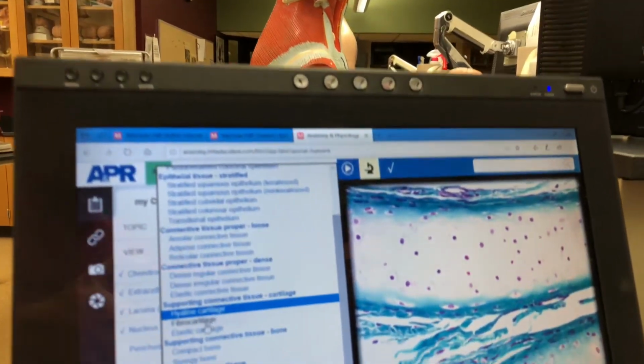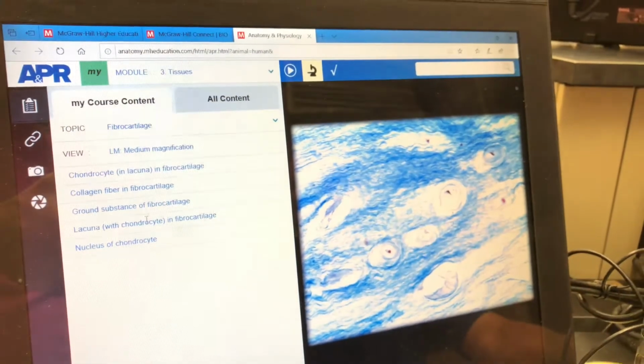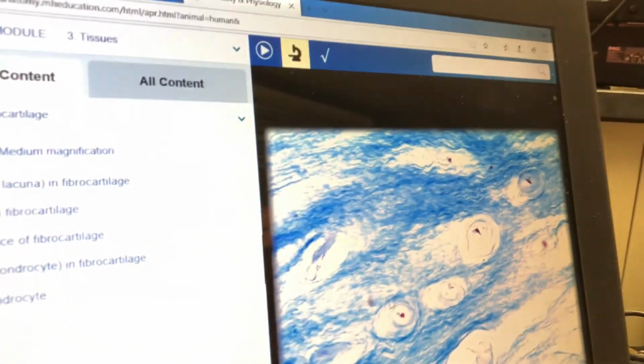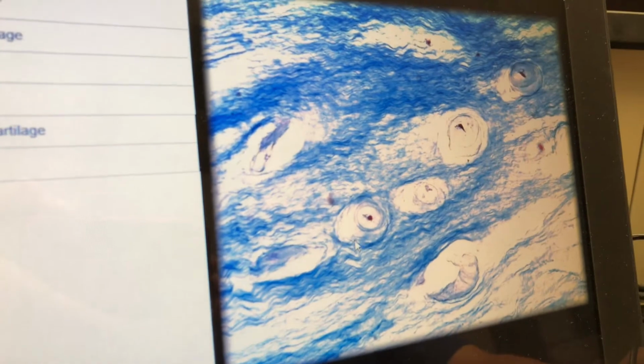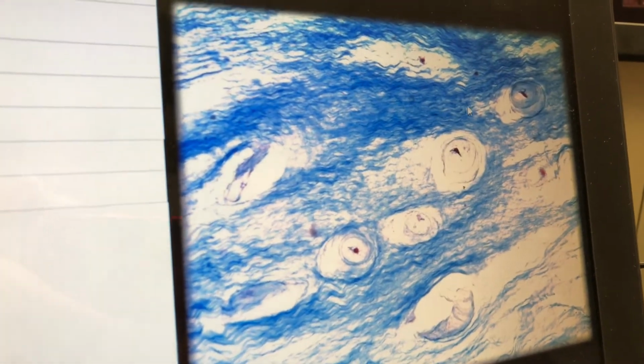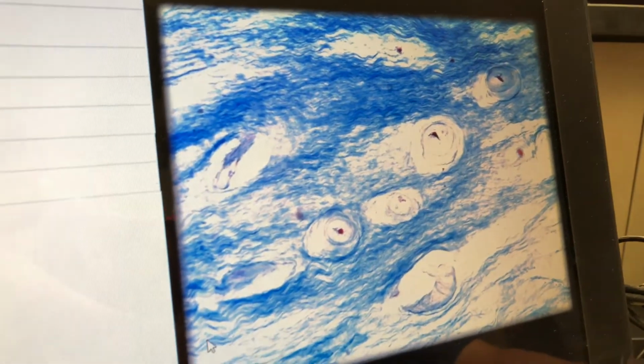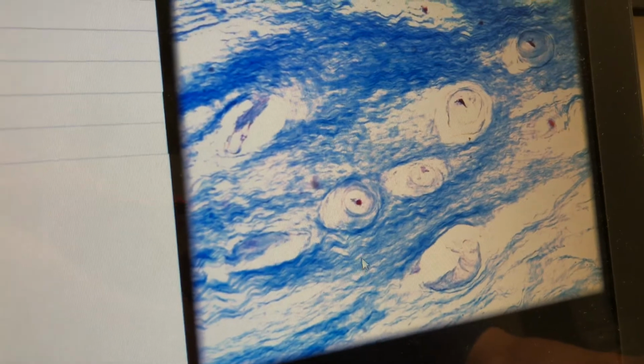And here's fibrocartilage. Now again, when you first look at it, let's look at the matrix. We can see the chondrocytes right there. Yes, they're sitting in the lacuna, but when we look at the matrix, folks, we don't see a nice smooth matrix. No, what do we see? We see these wavy fibers right here.